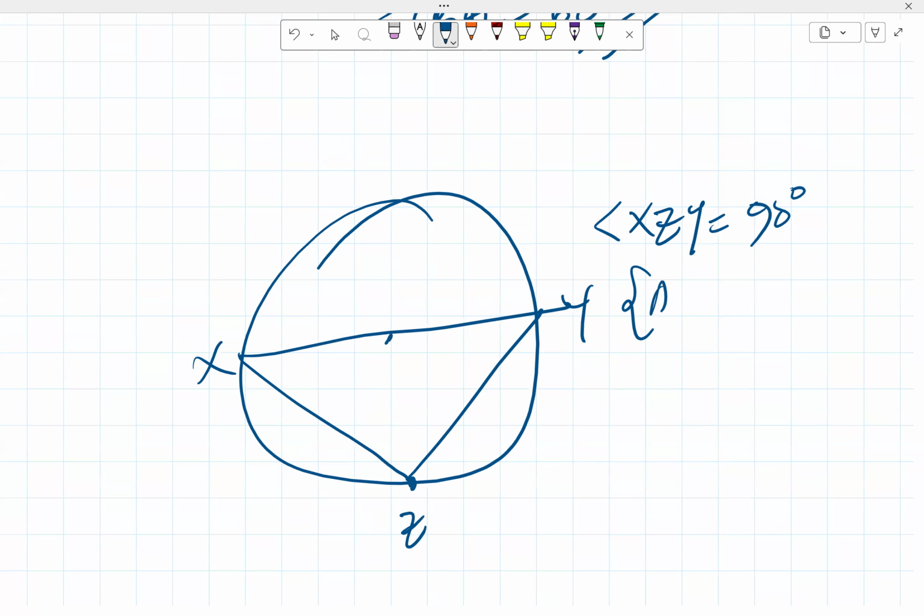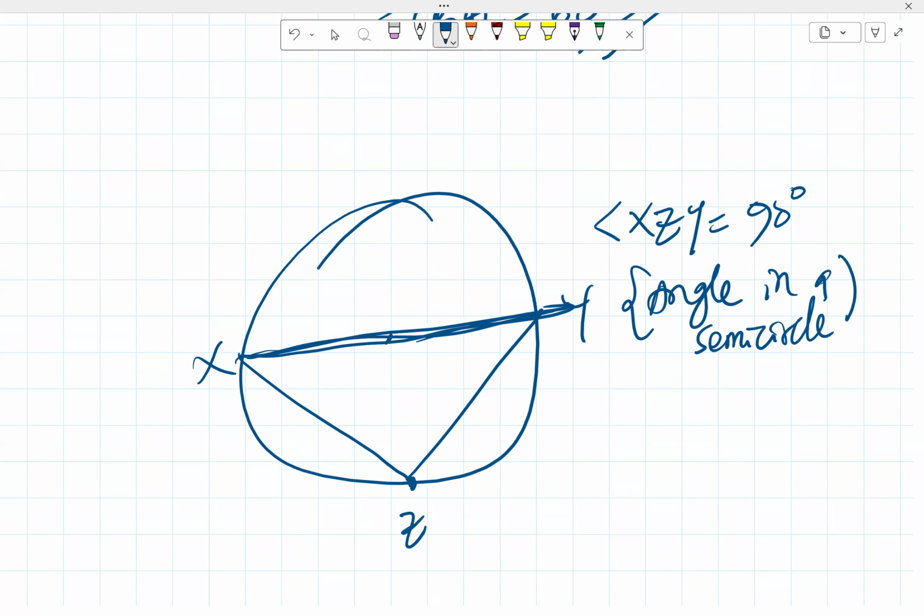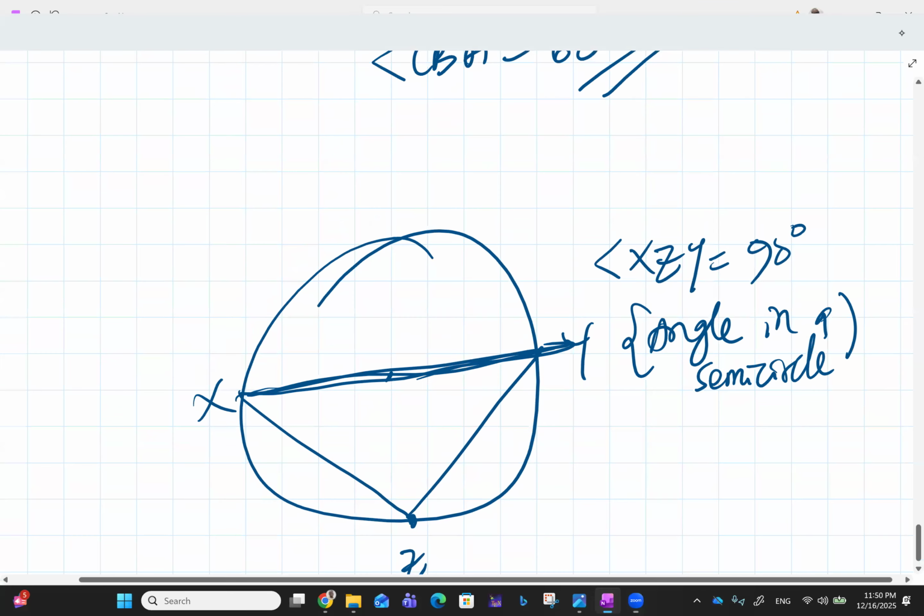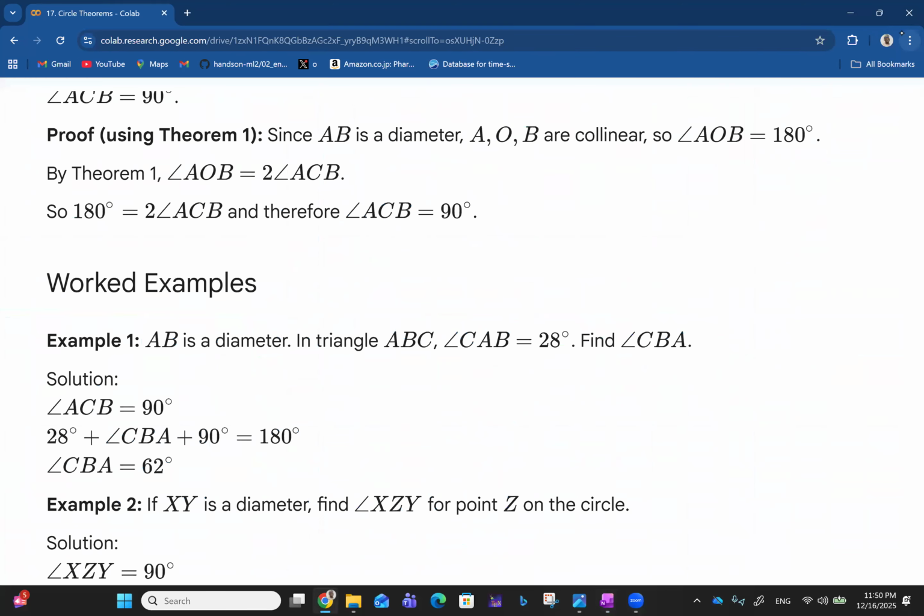That is angle in a semicircle, because it is subtended by this diameter. Any angle subtended by the diameter on the circumference of the circle is simply a right angle. It's 90 degrees, half of the angle at the center, which is 180 degrees.